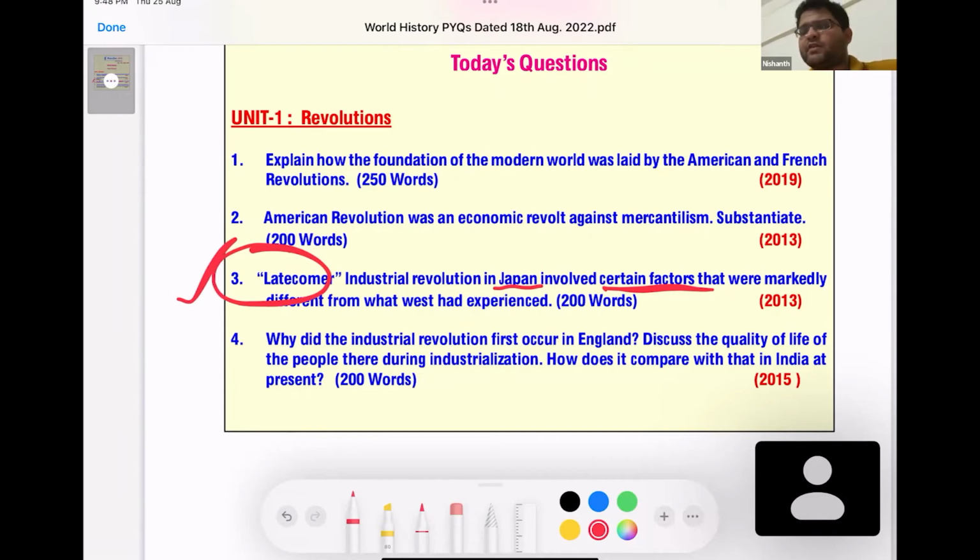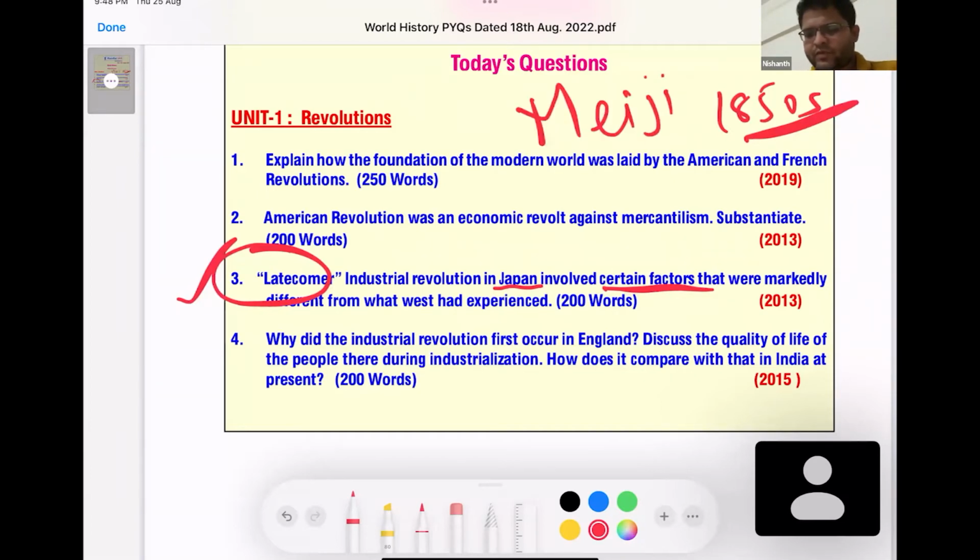Before that, the industrial revolution was not there, and this industrial revolution is also called the Meiji Revolution. Yes or no? Yes, sir. Because the Meiji was the official ruling dynasty at that point of time.